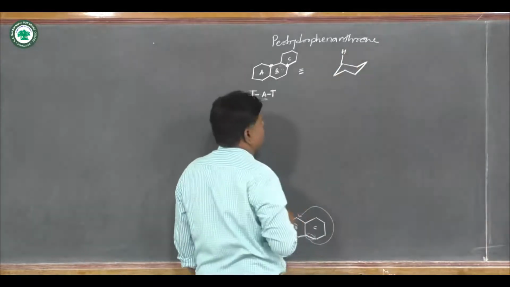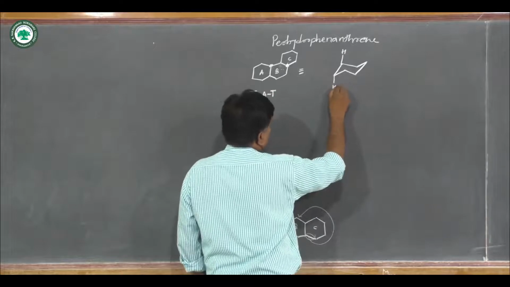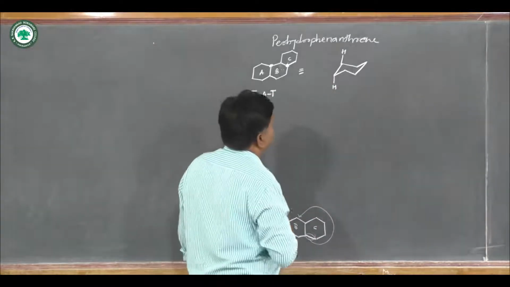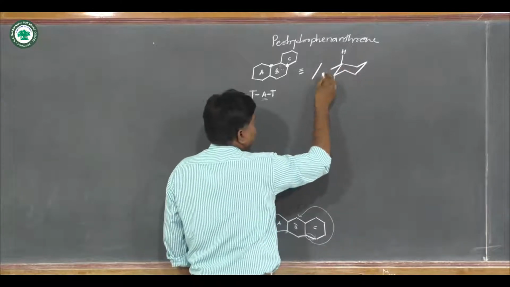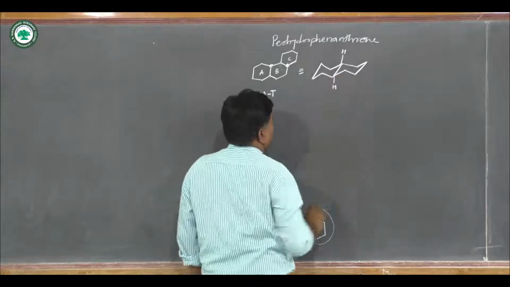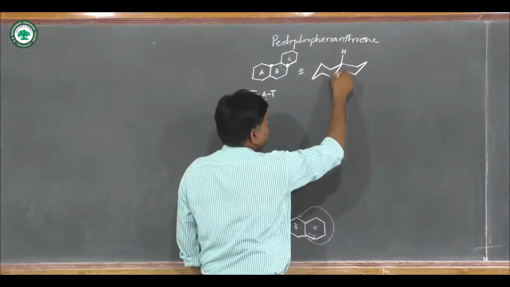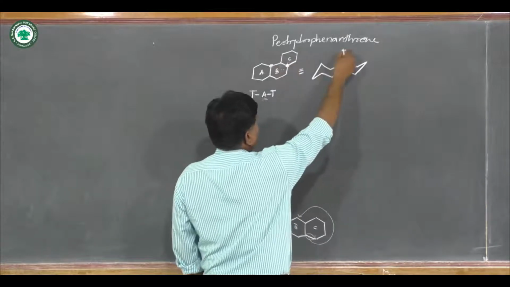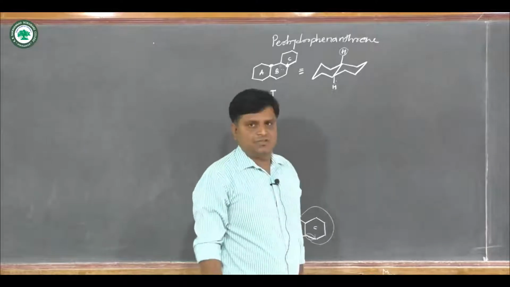So first we draw that hydrogen. Here this hydrogen is below the plane, so we write both of these, and then we try to draw the remaining bonds which are utilized in the ring formation of A ring. So this is A ring and this is trans fused. Okay, so this dot can be represented for the beta hydrogen.